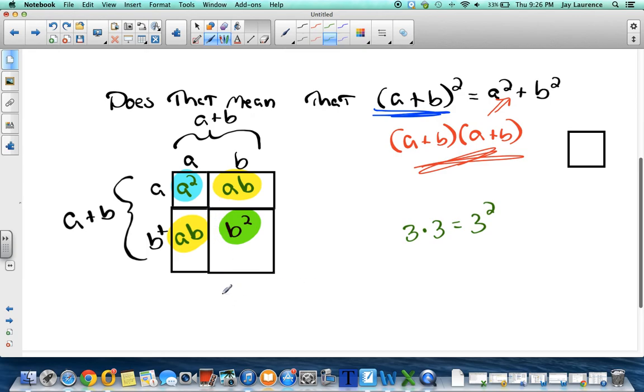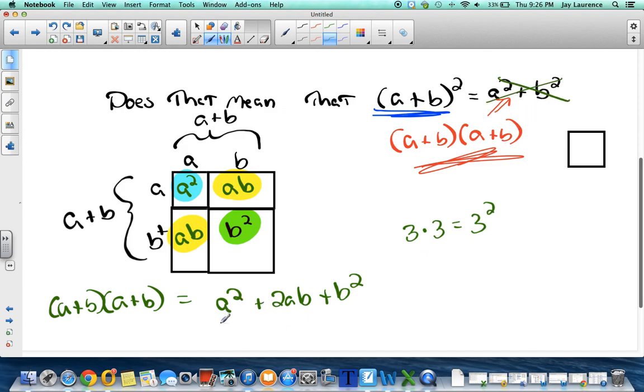There's only one blue highlighter, that's a squared, and then there are 2 yellow, and that's going to be plus 2ab, because ab and ab is 2ab, right? And then this here is b squared. So it would seem to suggest that if I take the length, a plus b, and multiply it by the width, a plus b, I'm not going to get a squared plus b squared. I'm going to get a squared plus 2ab plus b squared.